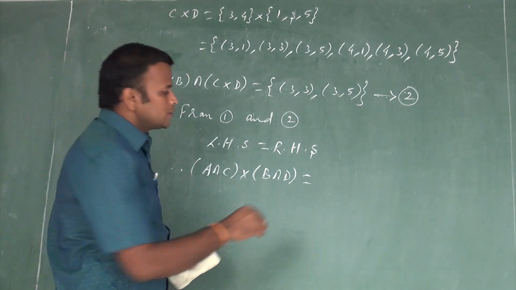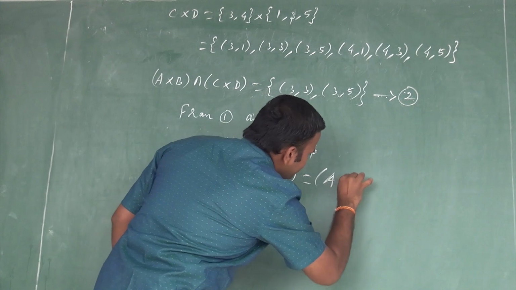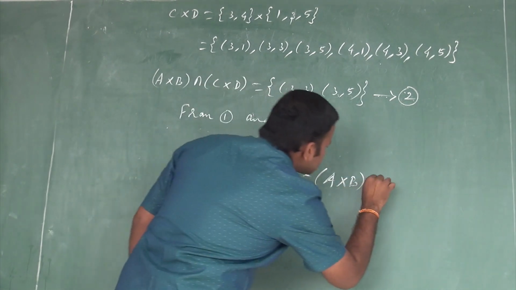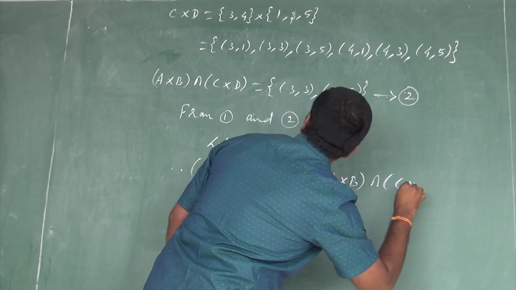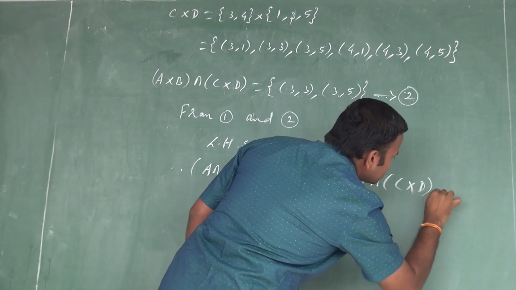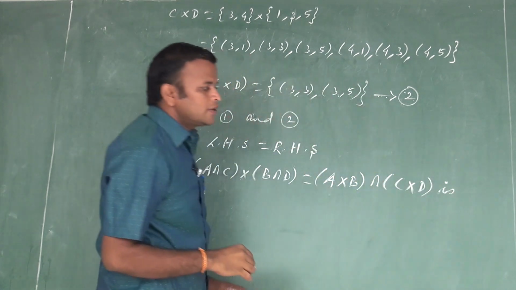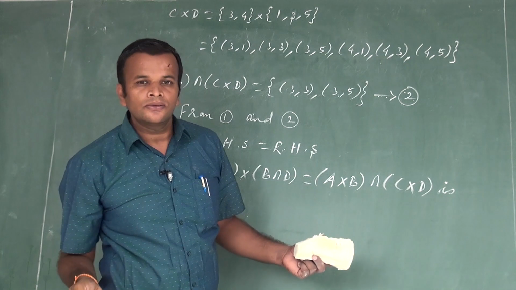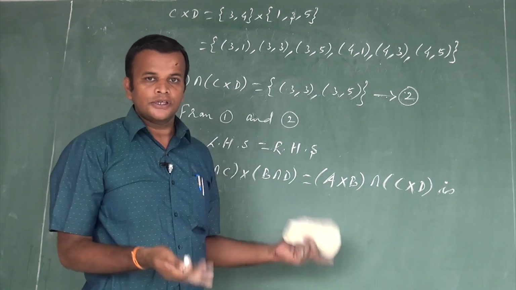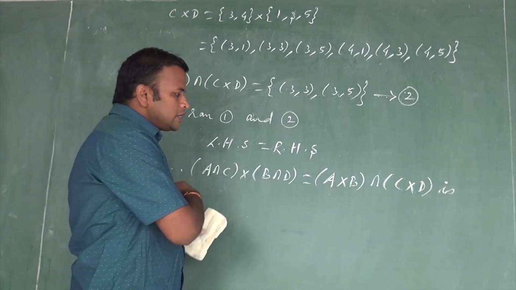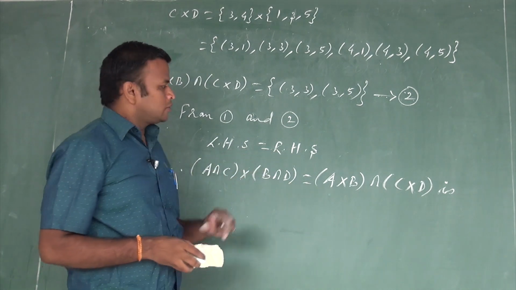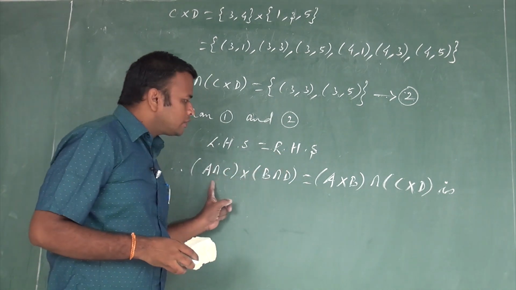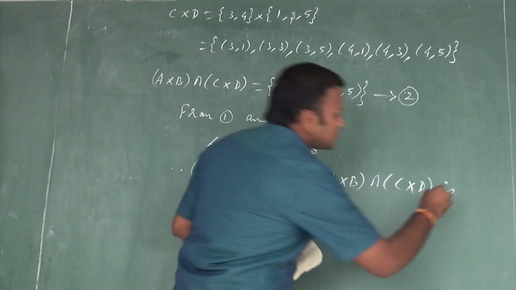What is RHS? (A cross B) intersection (C cross D). So it is true. Both are equal in value, therefore the given statement is true.